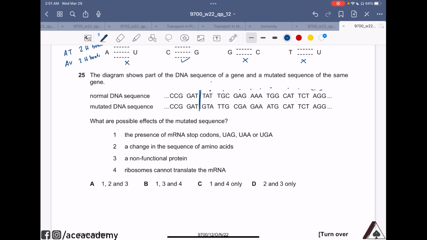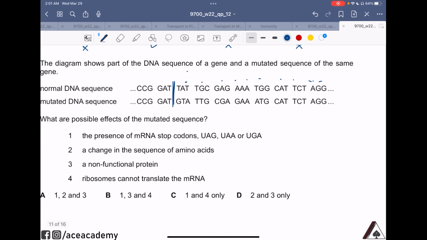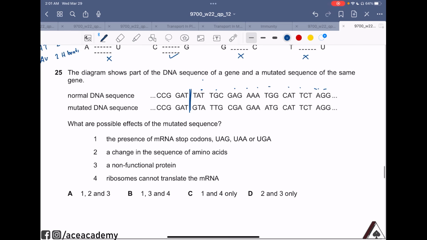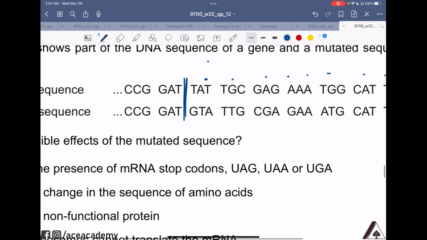The presence of mRNA stop codons UAG, UAA, or UGA? No, not really. You have to find whether these stop codons were produced by finding the complementary sequence.